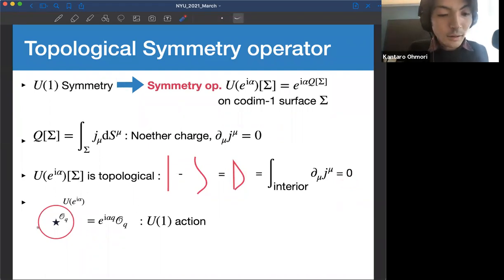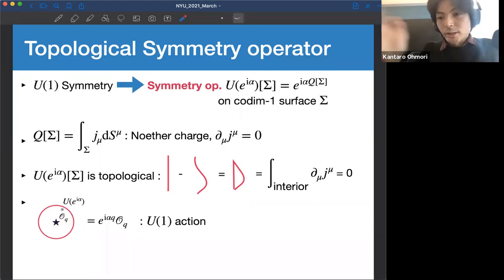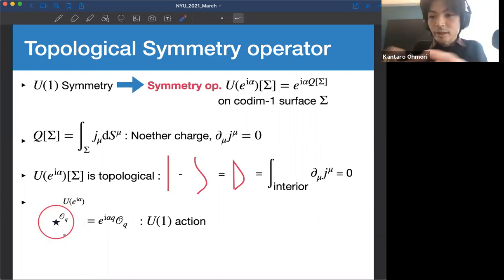And the characterization of this topological operator is as follows: if you have some local operator with charge Q, and you consider some surface enclosing that local operator, then because this is topological, you can shrink the surface down towards the local operator, and that defines some new local operator.